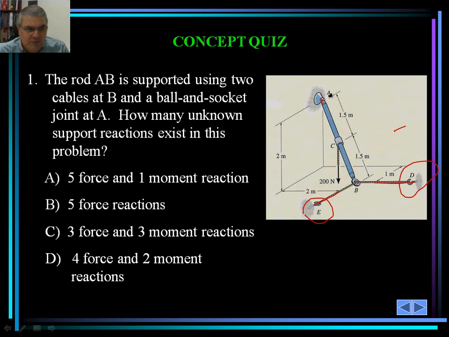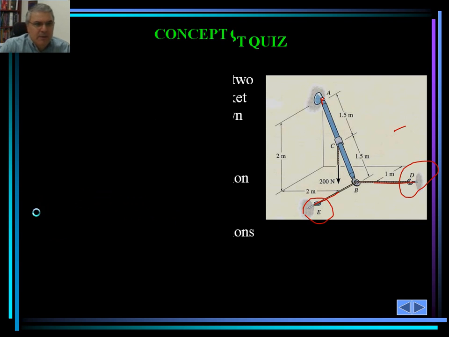The entire structure is free to rotate, but it's not free in translation. So how many forces here? Altogether, we're going to have 5 reactive forces, 5 force reactions, and that will be the answer in this case.